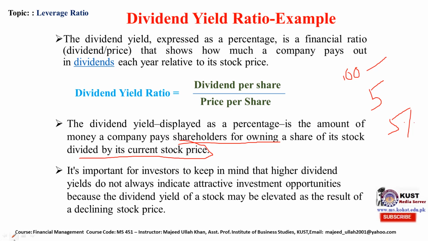There are two things. A high dividend yield might be because of the denominator. If any company has a declining stock price, its dividend yield ratio might be high. If it is not because of this, and the dividend per share increases, then it is a positive sign.